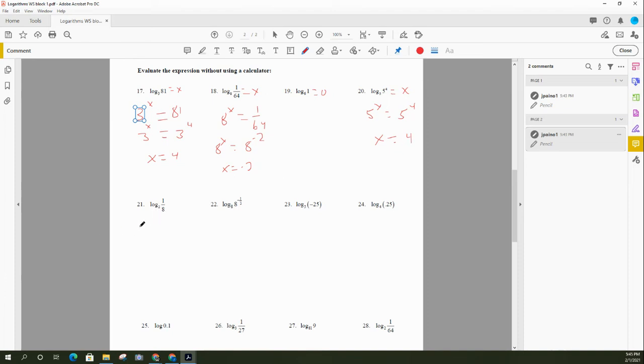All right, so 21, 2 to the x equals 1 over 8, which is 2 to the negative third. X equals negative 3. Just like here with number 20, that answer is just going to be negative 1/2.